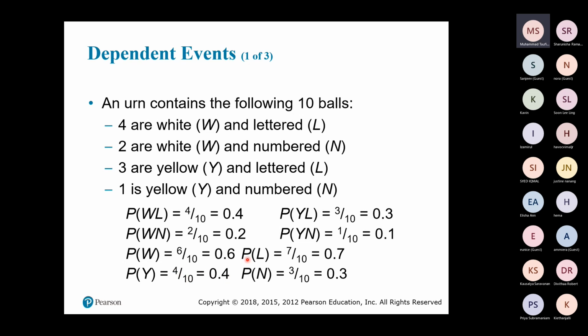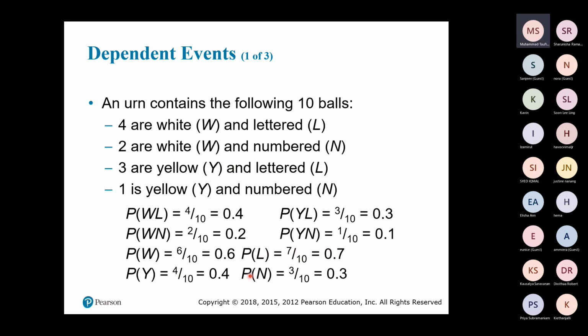The probability of getting a yellow ball is 4 out of 10, or 0.4. And then what is the probability of getting a ball with a letter? We have 4 white balls with letter and 3 yellow balls with letter, so 4 plus 3 is 7. The probability of getting a lettered ball is 7 out of 10, or 0.7.